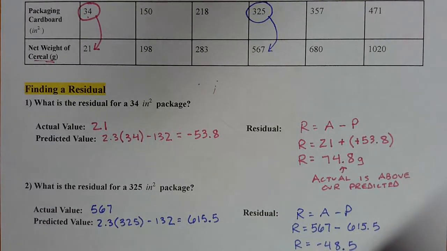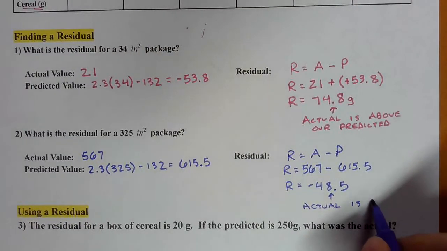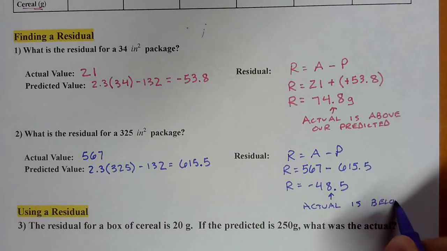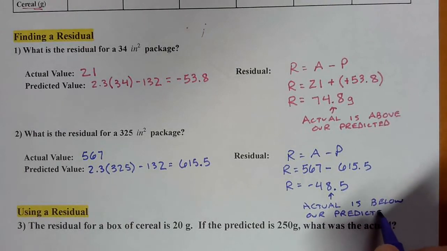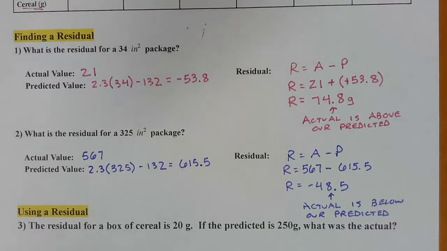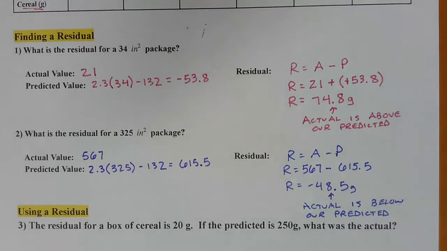So our actual is below our predicted. And it's below by 48.5. So it's 48.5 grams. I should put a unit on there. Lower than we thought it would be. So we over predicted.